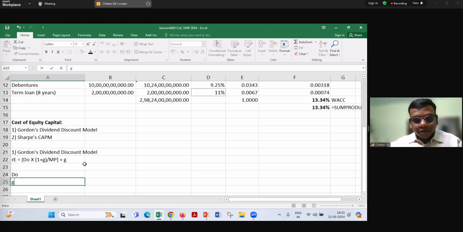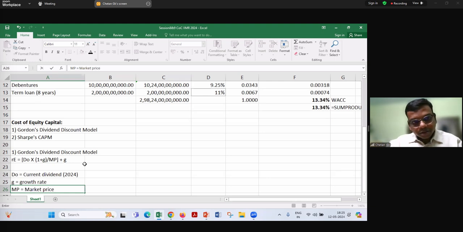What is G here? G is the growth rate of dividends. So I'll write here: D naught is current dividend, which means the 2024 dividend in our case. And what is G here? Growth rate. What does MP stand for?